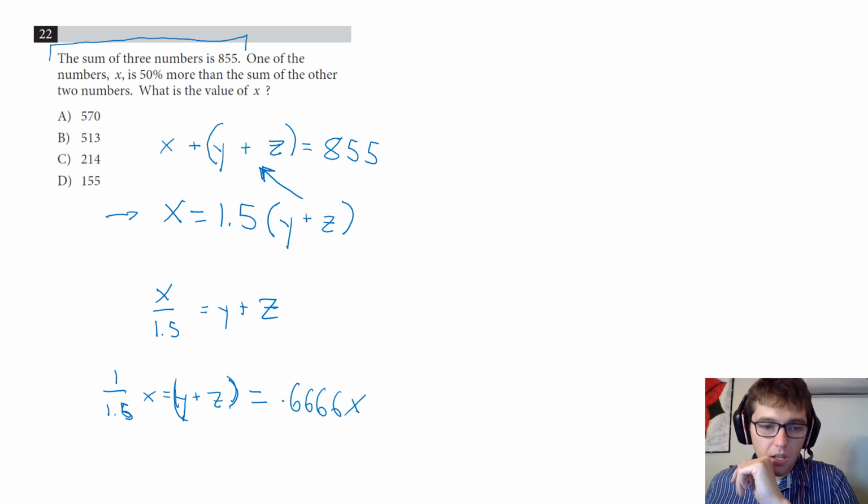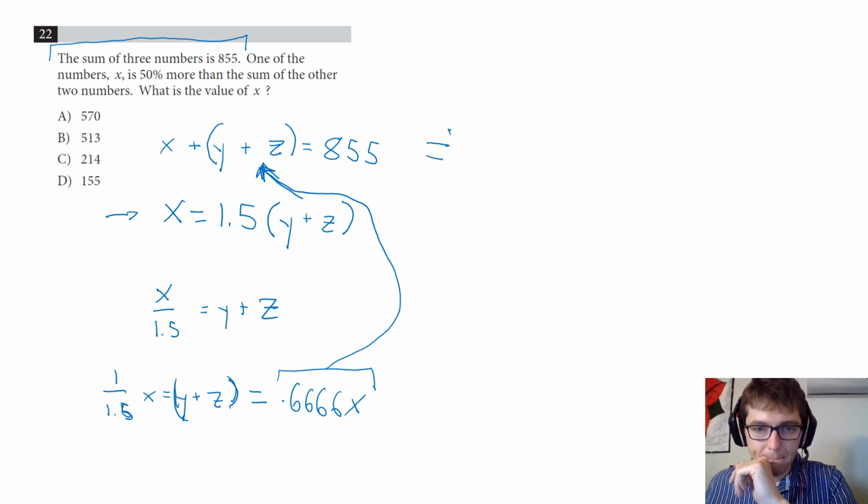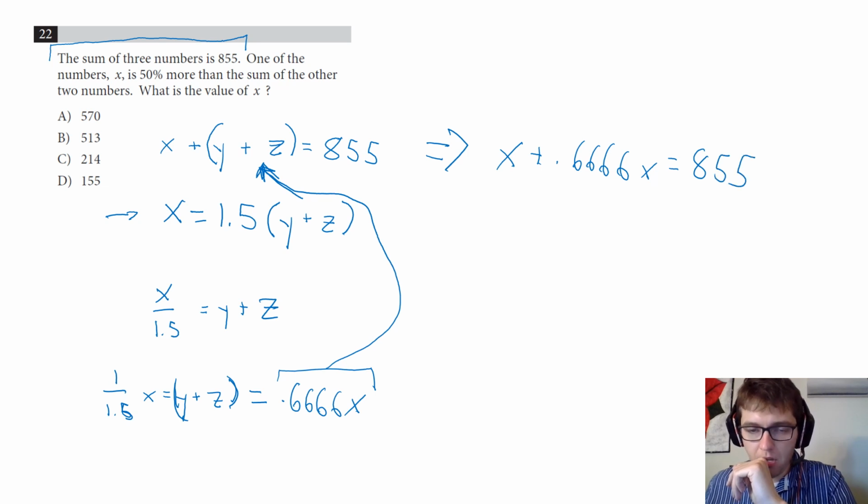Okay, so we can take this y plus z that we now know, and like we said, plug it into this first equation. That'll leave us with x plus 0.6666x is equal to 855. So remember, when we just have x, this is basically 1x.